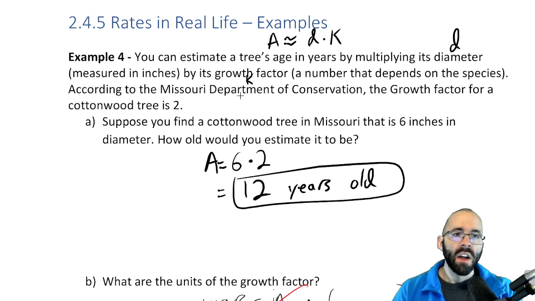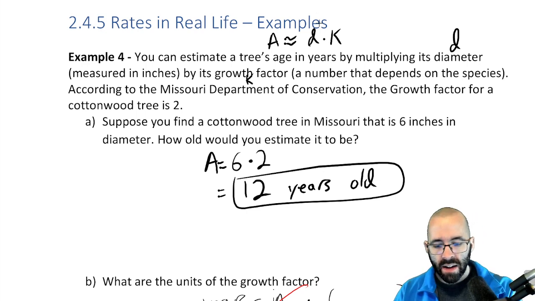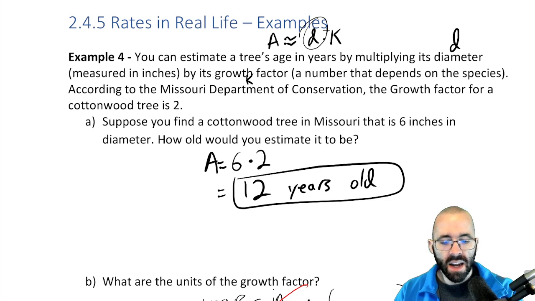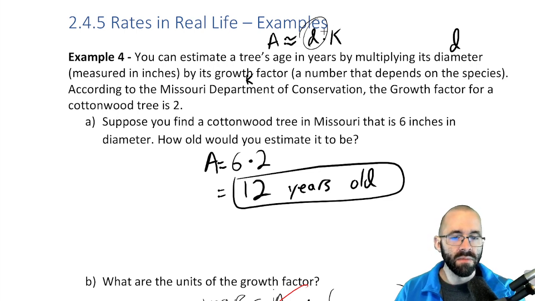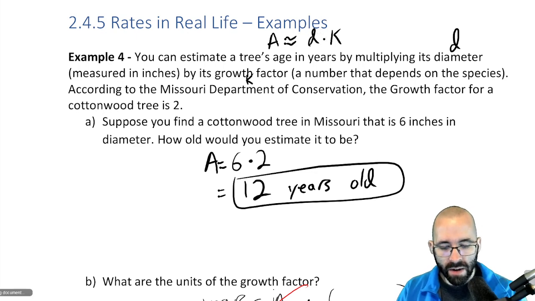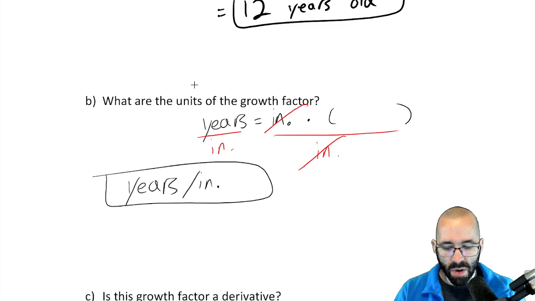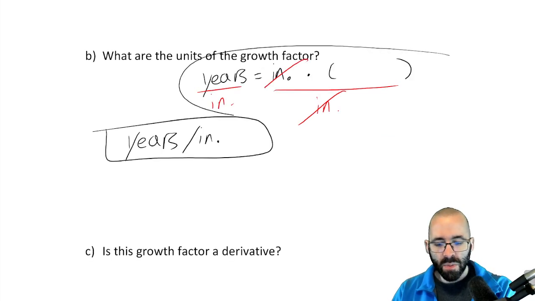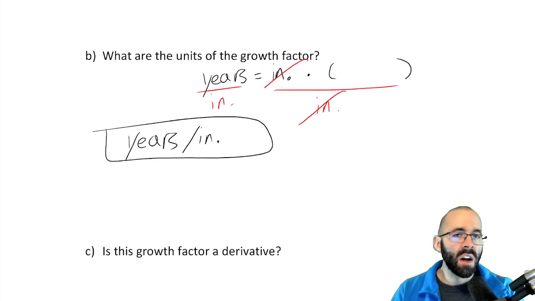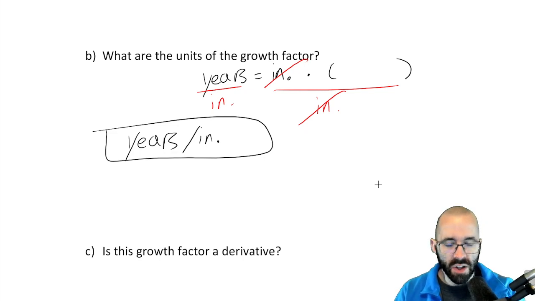The growth factor for a cottonwood tree is 2, which means that every time the diameter increases by 1, the age increases by 2. Then again, you can get years per inch that way as well. A few different ways of approaching this problem. This is the method that works best for me: equations and stuff all have to do with the units having to equal each other.